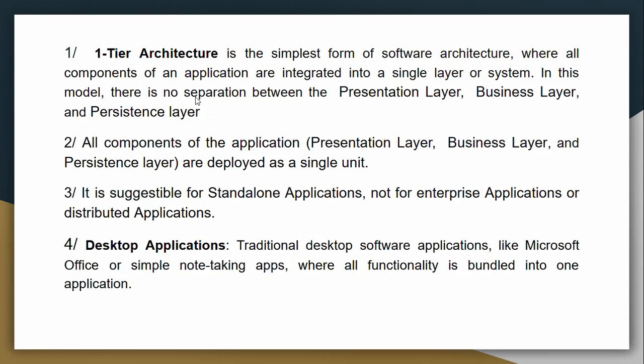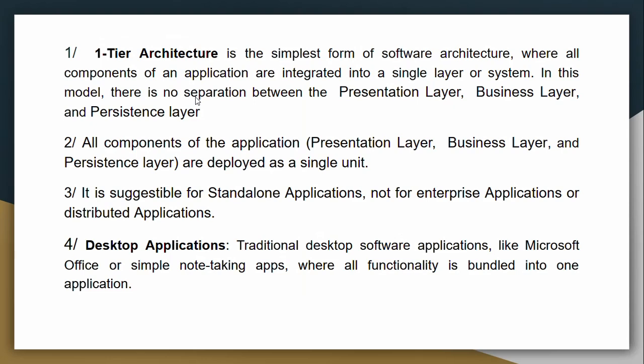The first point: one tier architecture is the simplest form of software architecture. Why is it simple? We maintain all the layers in a single machine, where all the components of the application are integrated in a single layer.